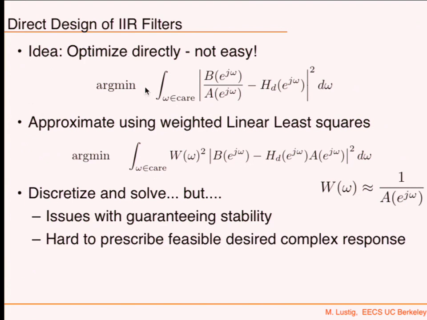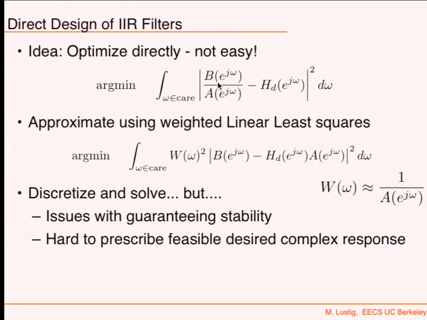The problem of trying to optimize this is that it's actually quite difficult. This is a highly nonlinear, non-convex type of problem because you have coefficients that you'd like to solve up here divided by coefficients you would like to solve. So that is an issue in order to solve this.